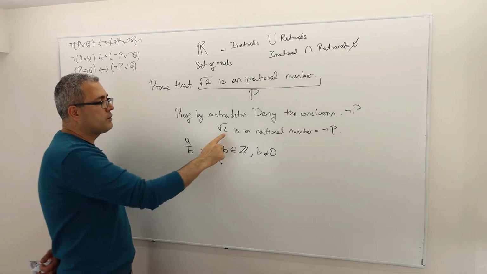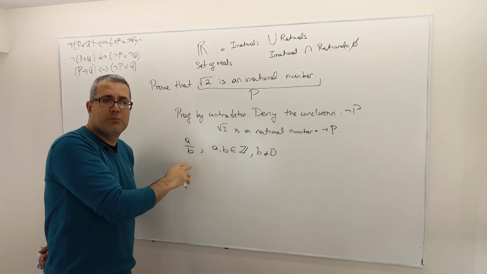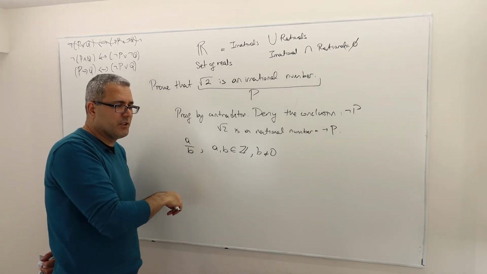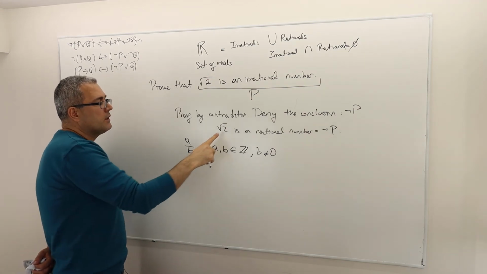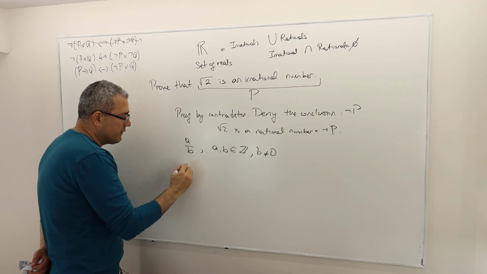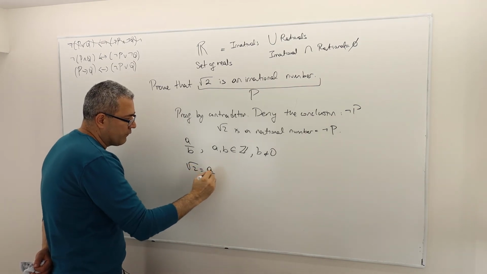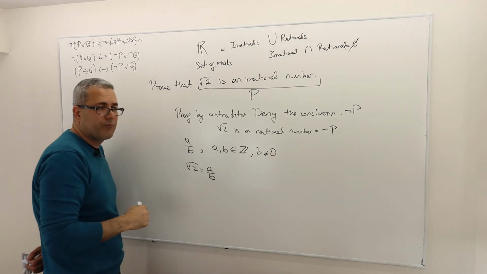So now, by using this premise, I'm making deductions. I hope you see these steps. The assumption that square root 2 is a rational number then means square root of 2 is equal to A over B, where A, B are integers and B is non-zero.